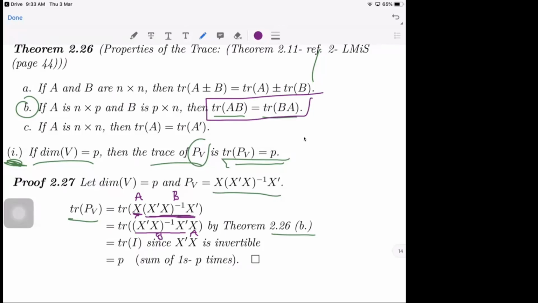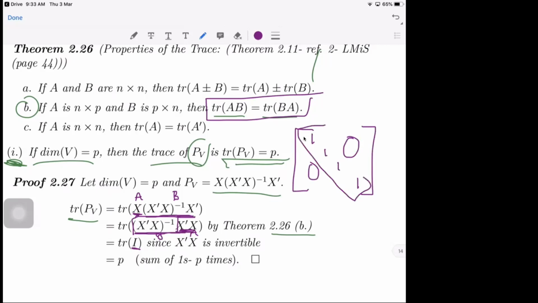So that we have X prime X inverse now with X prime X, and we know that X prime X is invertible, so the inverse exists, and if we multiply X prime X inverse with X prime X, that is your identity matrix. The identity matrix has the diagonal equal to 1 and the off-diagonal equal to 0.